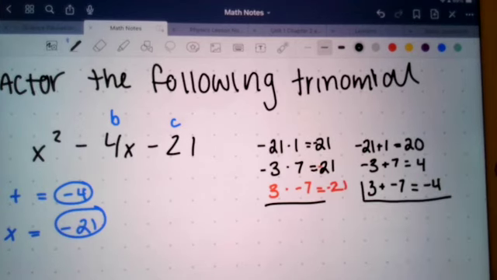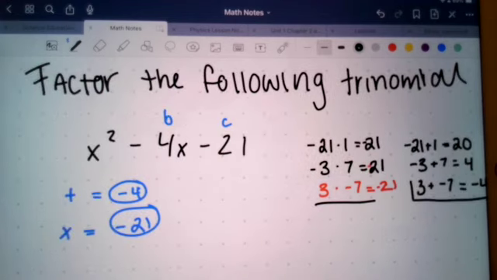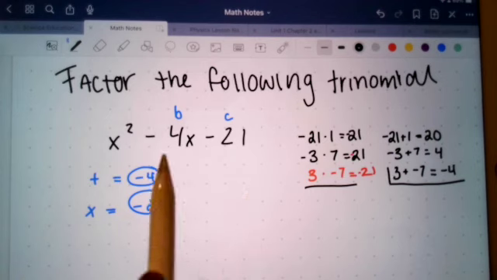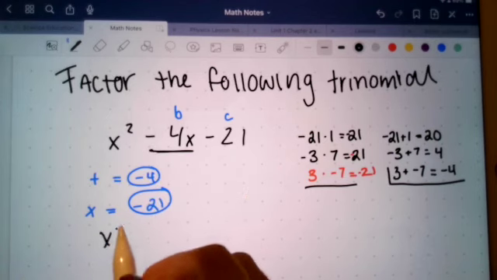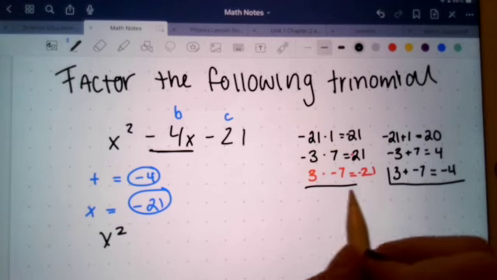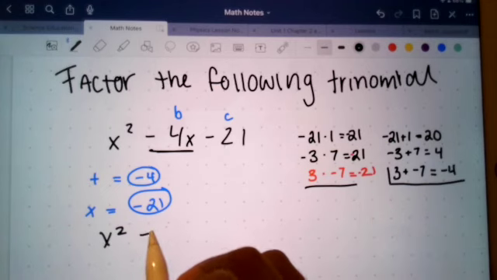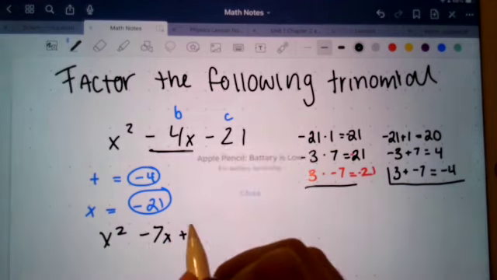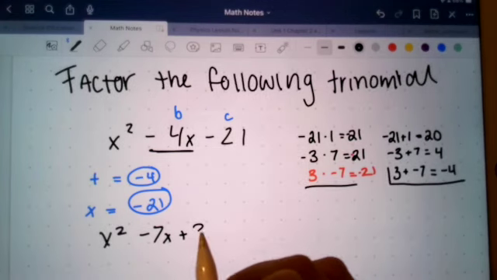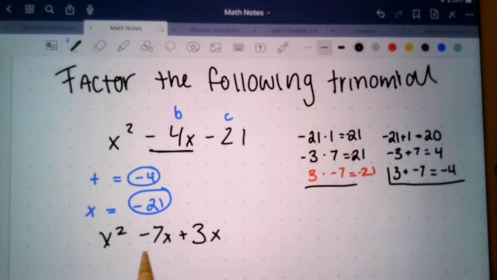Okay, so now what I'm actually going to do with those values, this is the important part. I'm going to stick those into the middle of my equation. So I'm going to break this guy up into two different terms. So I'm going to be left with x squared minus 7x plus 3x. So now this is very important. You need to get those signs right.